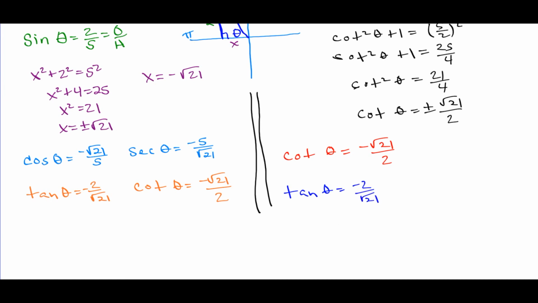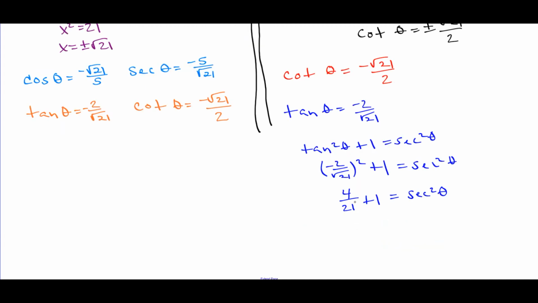And then we're going to use that second equation. So tangent squared of theta plus 1 equals secant squared of theta. So plug in my tangent value, which is negative 2 over radical 21 squared plus 1 equals secant squared. So here I'm going to get 25 over 21 equals secant squared of theta.